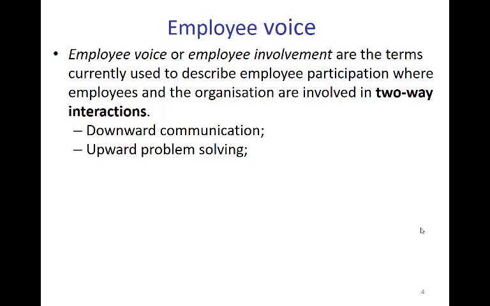So keeping staff informed is very important. Then upward problem solving, so putting suggestions and ideas up in the organisation towards the more senior management, that can help. Suggestion schemes, which we'll have a look at in a second with Harrods, are very important too, which help people to voice their opinions.